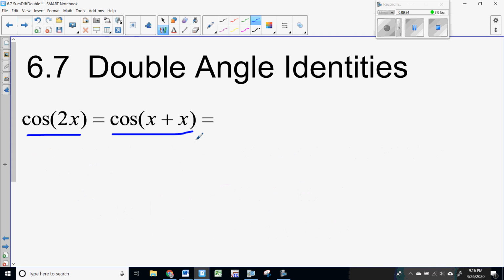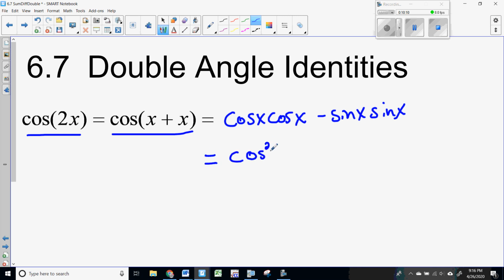So we get cosine of x cosine of x minus sine of x sine of x. So we end up with cosine squared of x minus sine squared. Now, that looks really close to 1, but that's if it's an addition. Subtraction, there's nothing we can do.